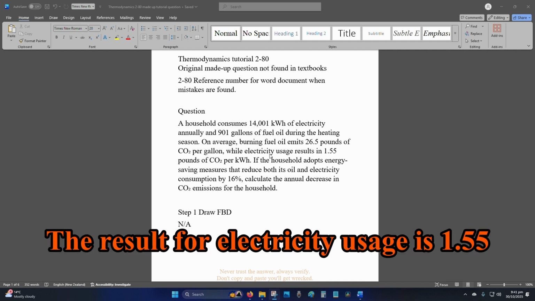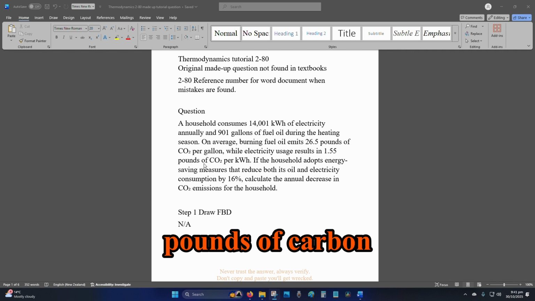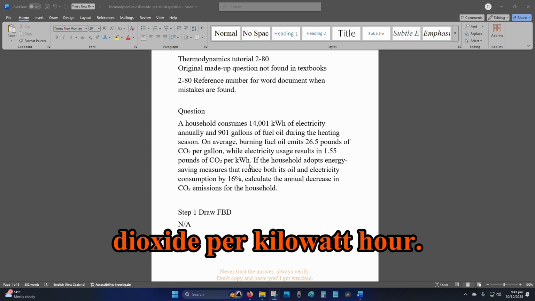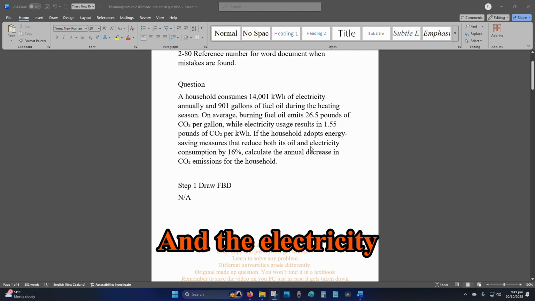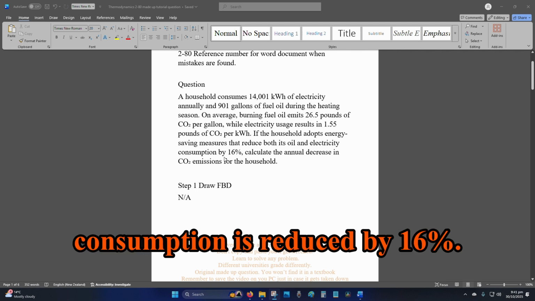The result for electricity usage is 1.55 pounds of carbon dioxide per kilowatt hour. And the electricity consumption is reduced by 16%.